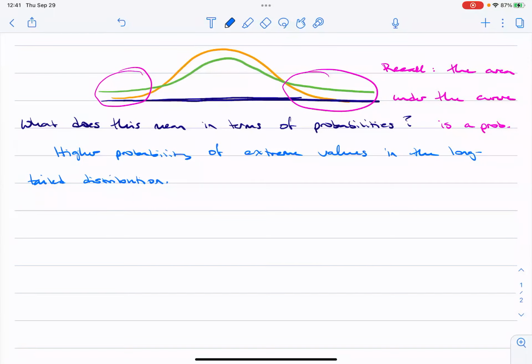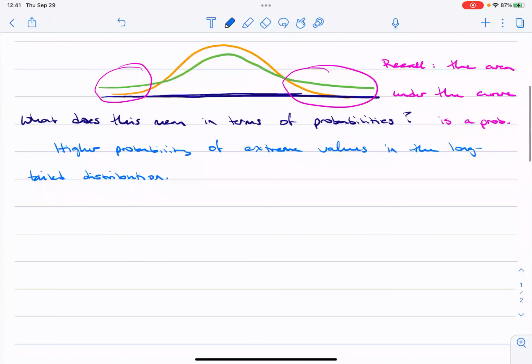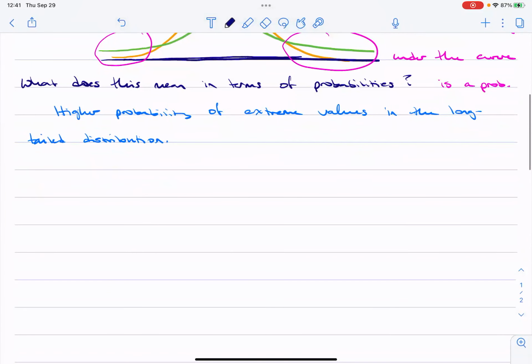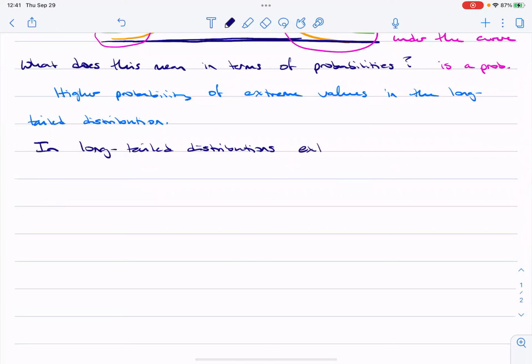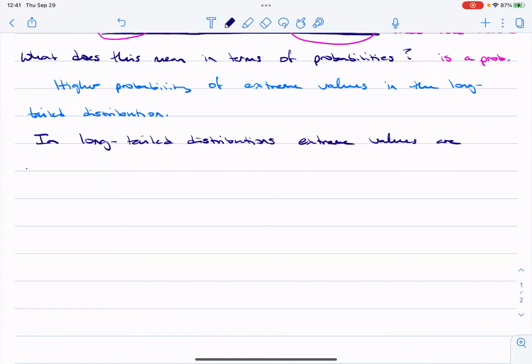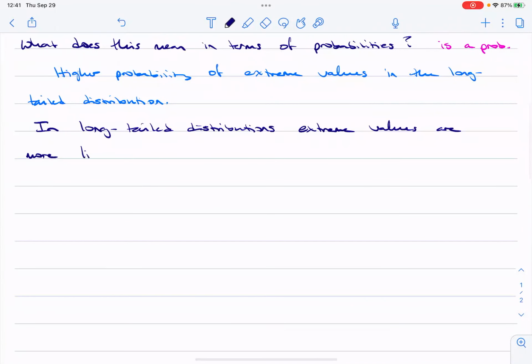Because we're seeing these extreme things that aren't necessarily extreme. And so in long-tail distributions, extreme values are more likely than expected under the normal distribution.